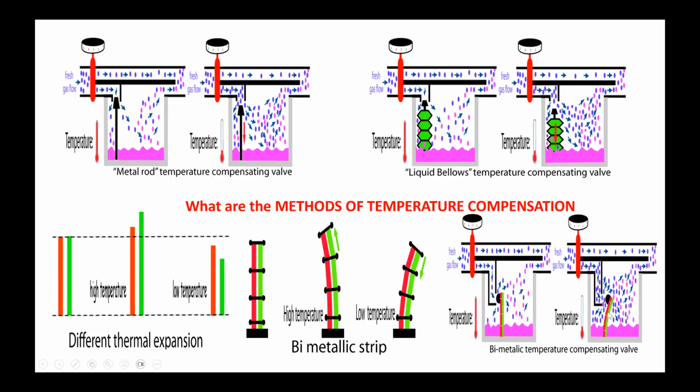When the temperature is low, it bends backward, opens out, and more fresh gas flow comes in, as you can see by the blue arrows. So high temperature, lesser flow; low temperature, greater flow. Very simple to understand. This is how the temperature compensation is done in all the modern vaporizers, so that the delivered concentration and the dial set concentration both remain equal without any fluctuation.